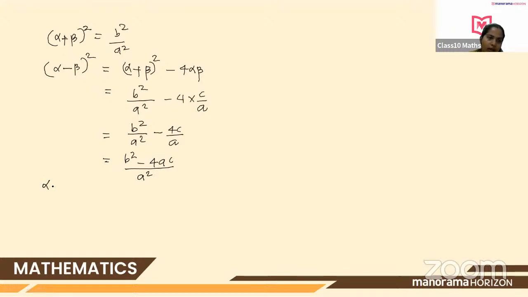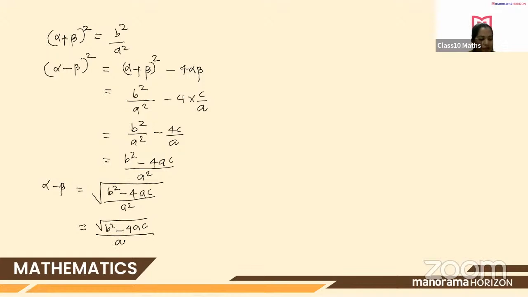Then alpha minus beta is equal to the root of b square minus 4ac by a square. Taking the root, we get root of b square minus 4ac, and the root of a square is a. So alpha minus beta is equal to root of b square minus 4ac by a. Now take alpha square minus beta square.